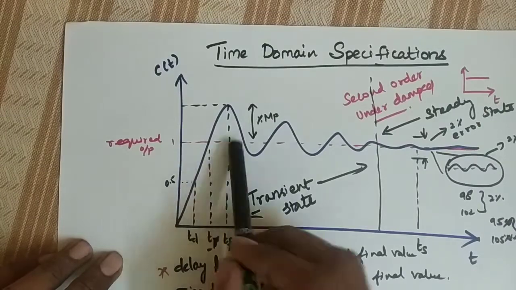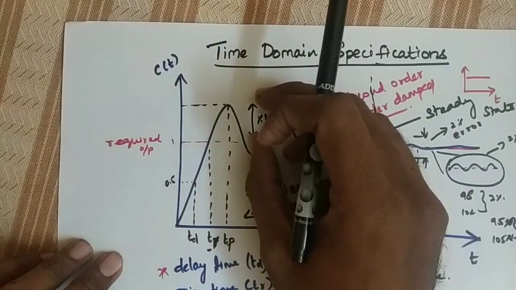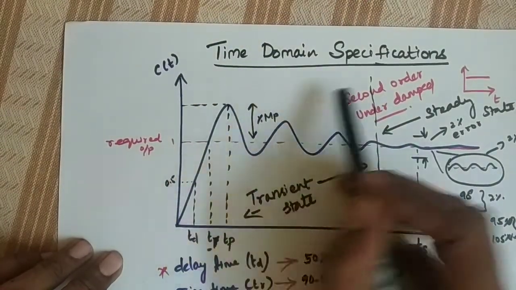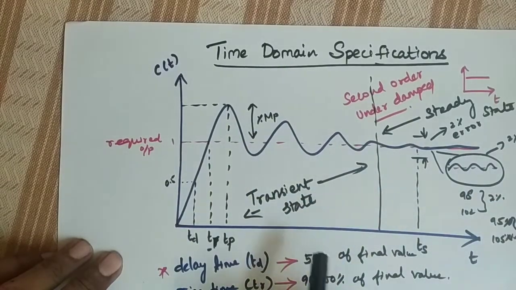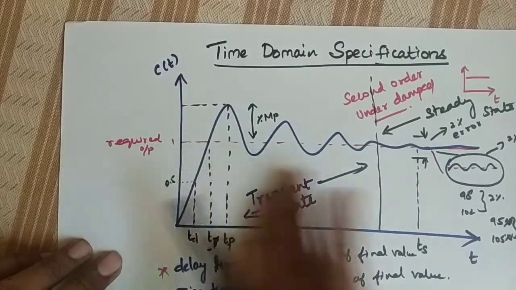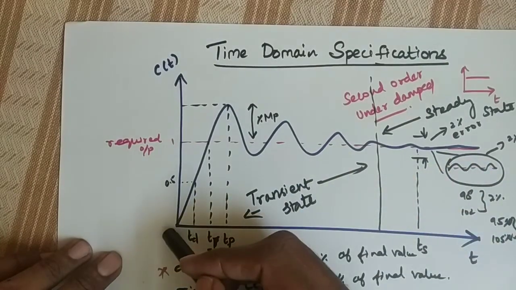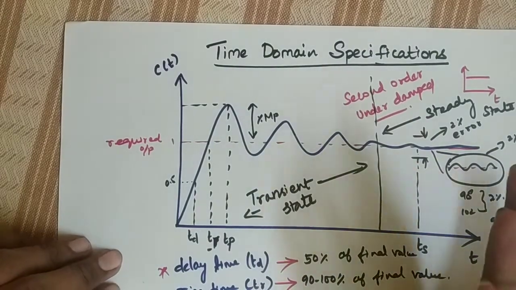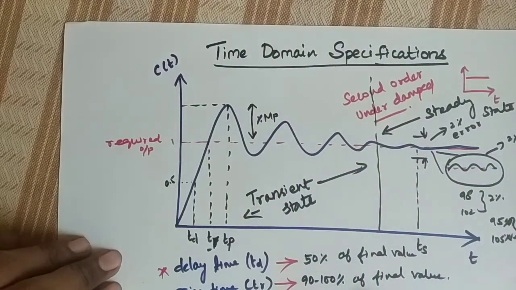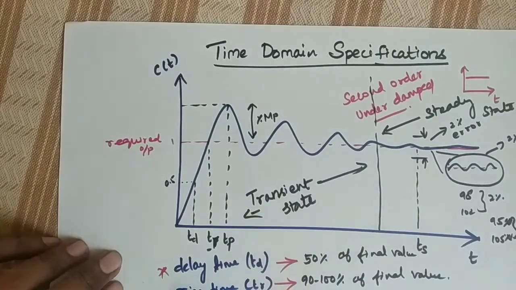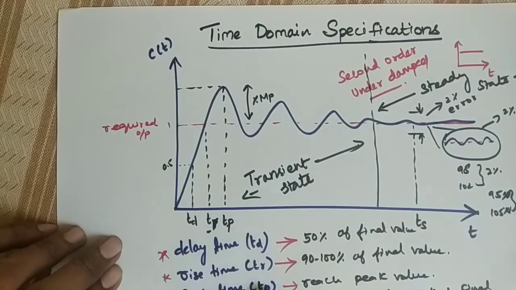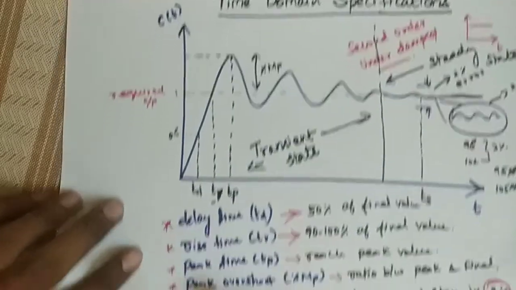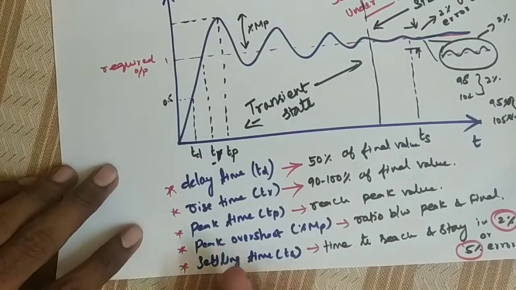If your system has a very minimum peak overshoot percentage, 10 to 20%, the system is working well. If you test the system with a step input and it produces 80% maximum overshoot, then think what damage the system will meet. So these four parameters, and also settling time, we need to take care of.